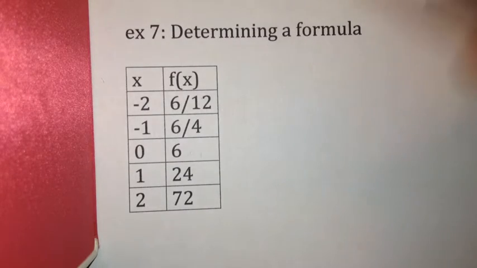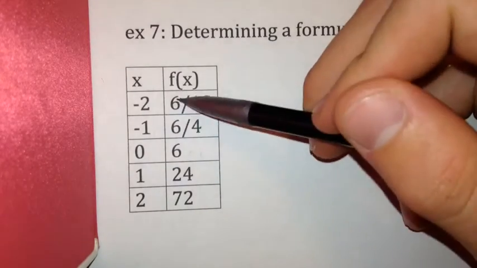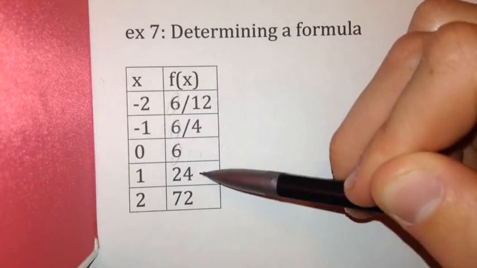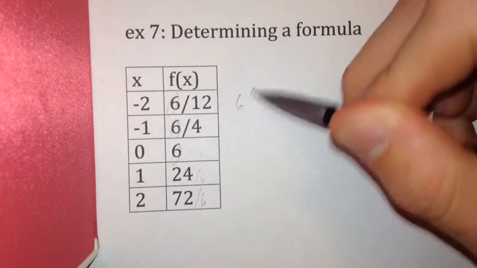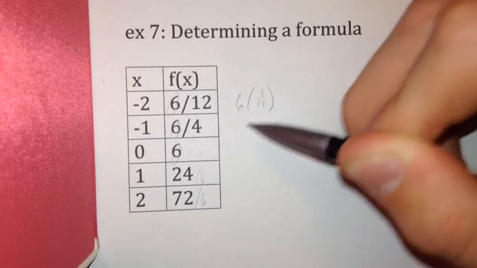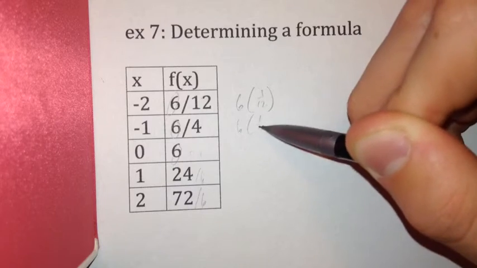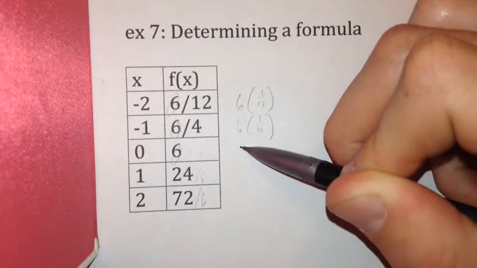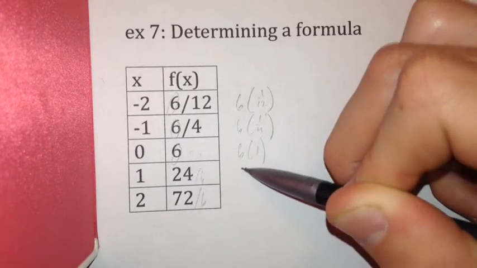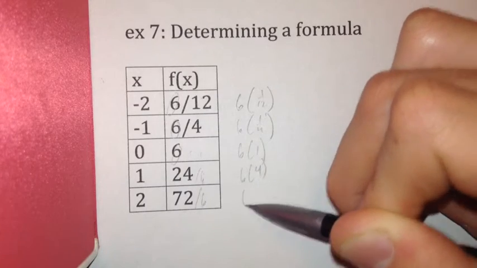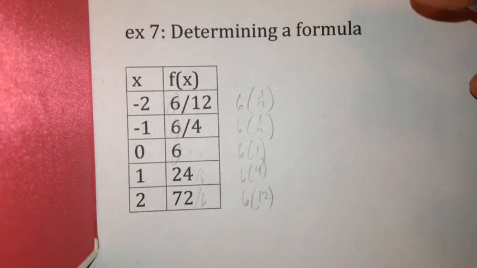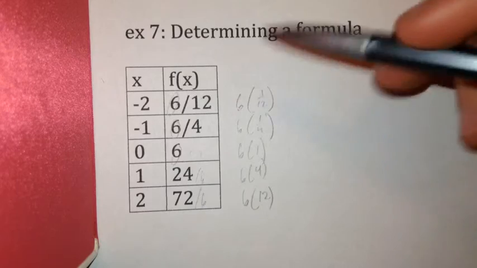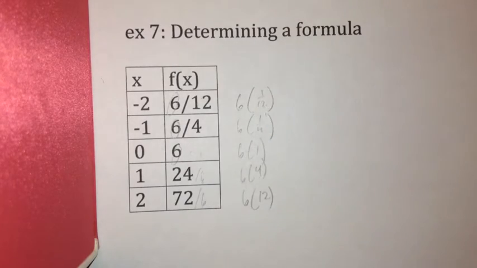So a number that is common is 6. These are all divisible by 6. So we have 6 times 1 over 12, 6 times 1 over 4, 6 times 1, 6 times 4, and 6 times 12. Okay, so now we do the exact same thing, just with the numbers we have left, not the 6's.